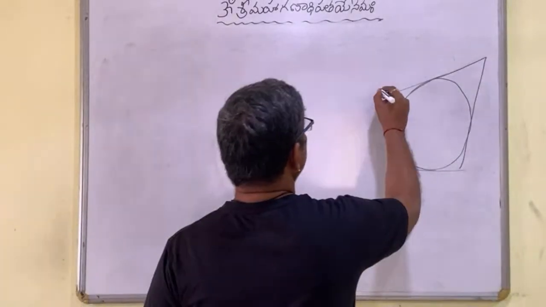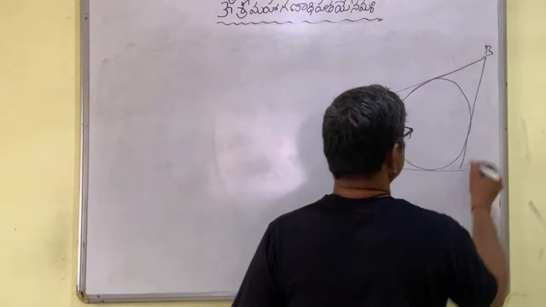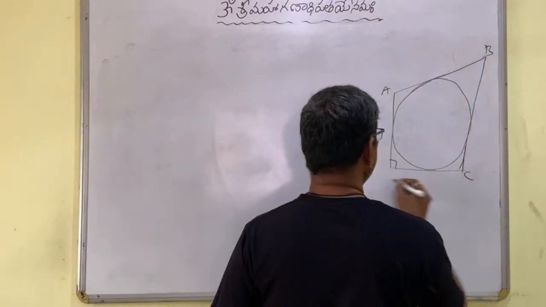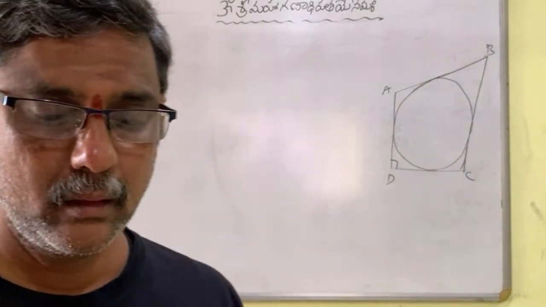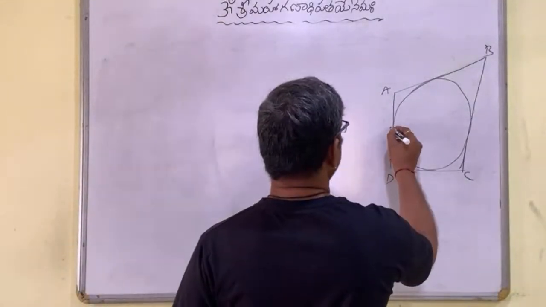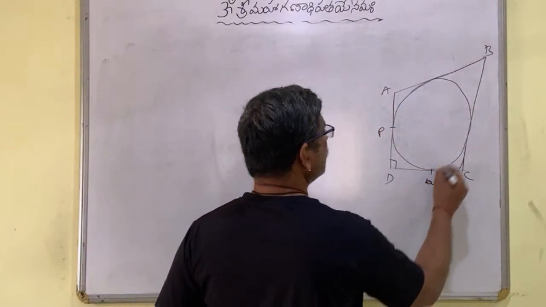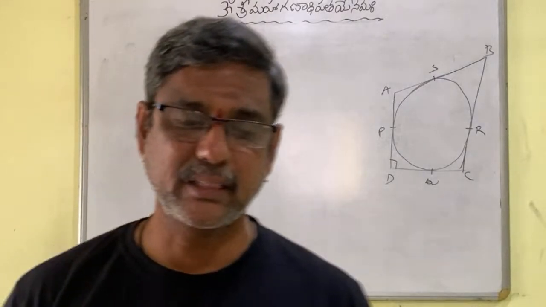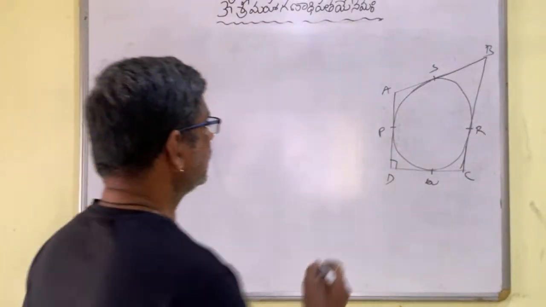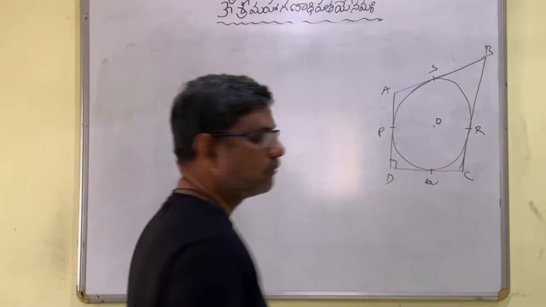A, B, C, D. And P, Q, R, S. And O is the center of the circle. What else is given?